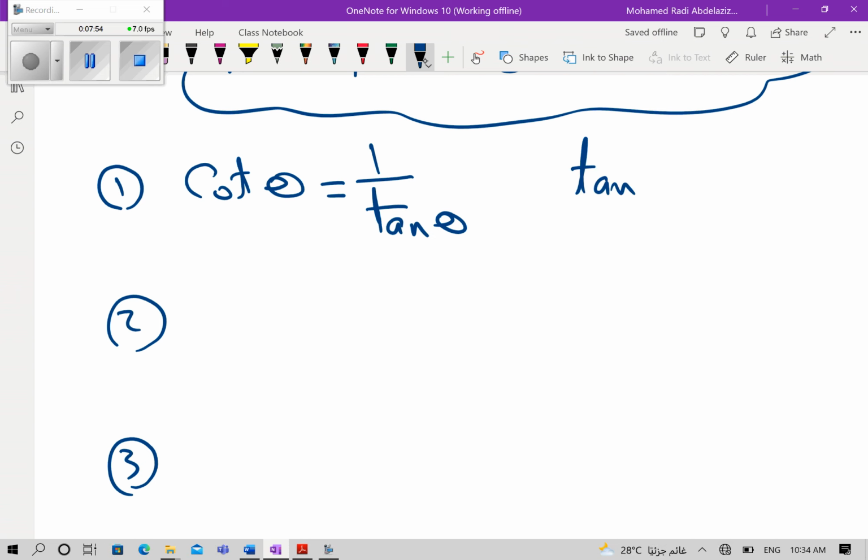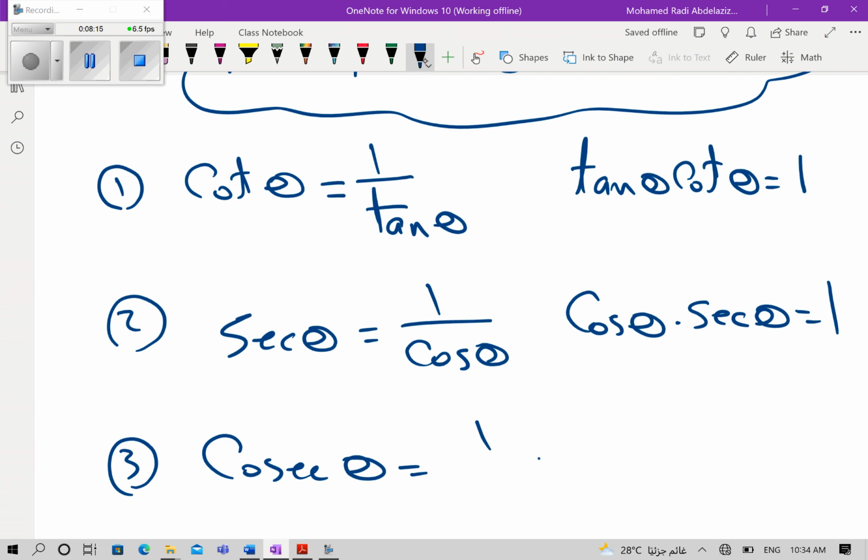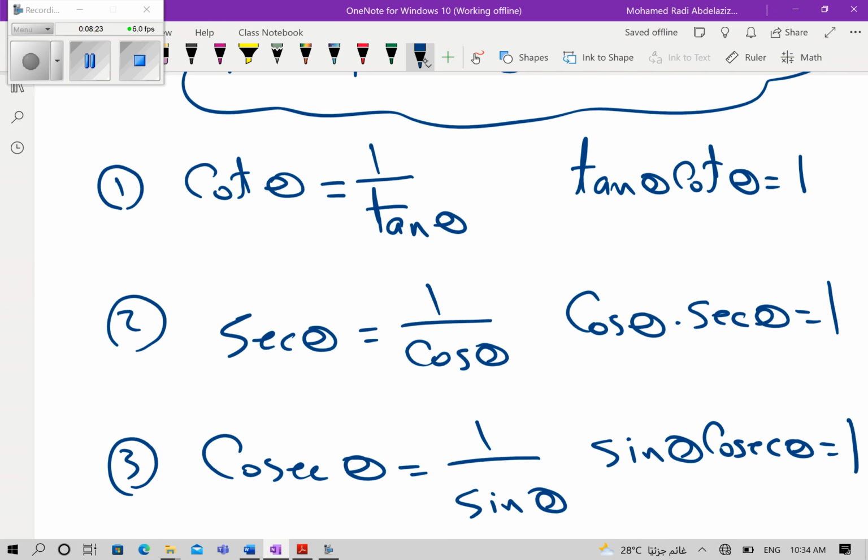Tan theta cotan theta equals 1. Sec theta is the reciprocal of cosine theta, so cosine theta sec theta equals 1. Cosec theta equals 1 over sine theta, so sine theta cosec theta is equal to 1.